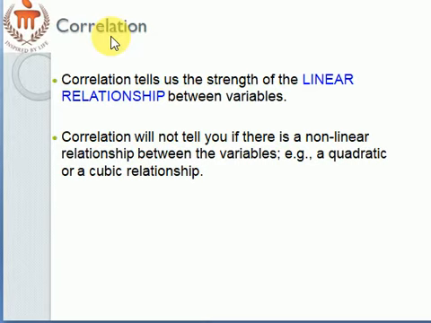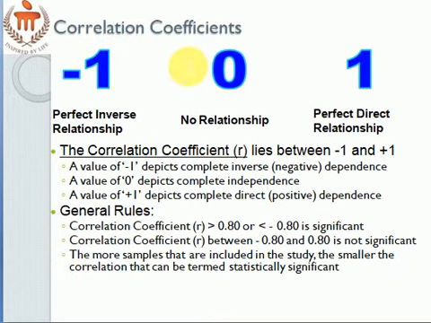When you measure the correlation coefficient, its values vary from -1 to 1. If the value is 0, that means the variables are not related to each other, and if the value is on the positive side, from 0 to 1, that means they are directly correlated.